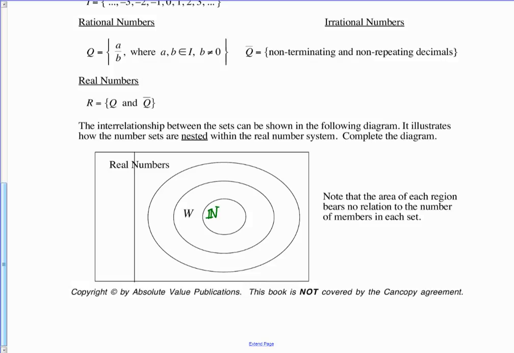So natural numbers are your counting numbers. They start at, you can see it above. Where do they start at? 1, 2, 3, right?